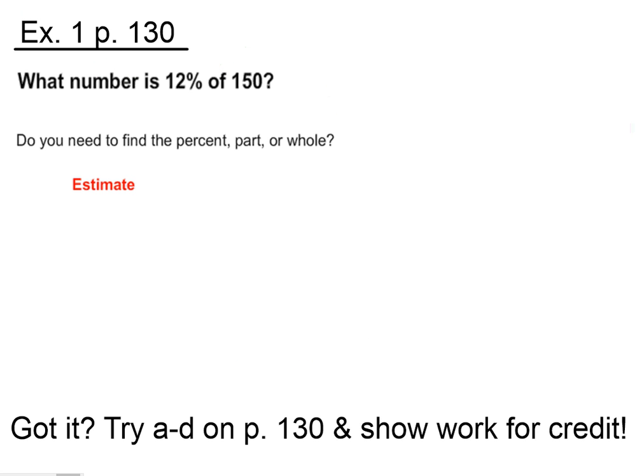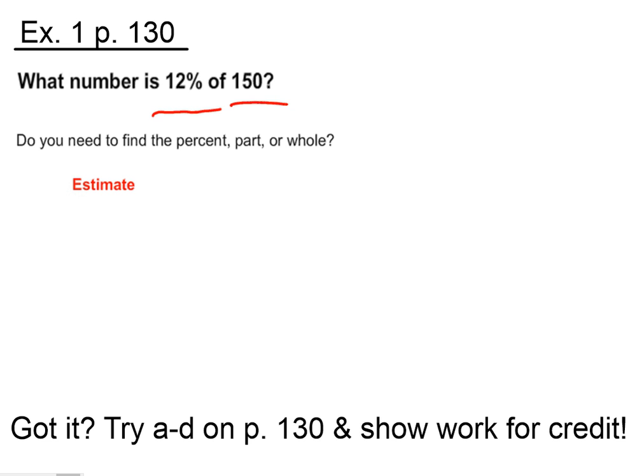So let's start with example 1, beginning on page 130. What number is 12% of 150? So when it asks us to solve this one, the first thing we need to ask ourselves is, do we need to find the percent, the part, or the whole? In this case, we have the percent, which is 12%.